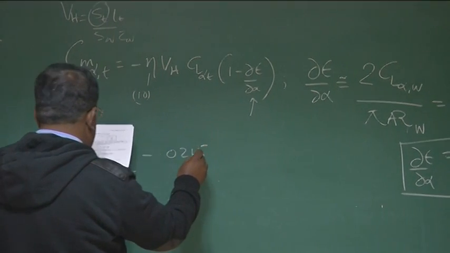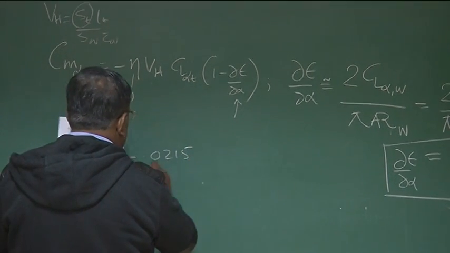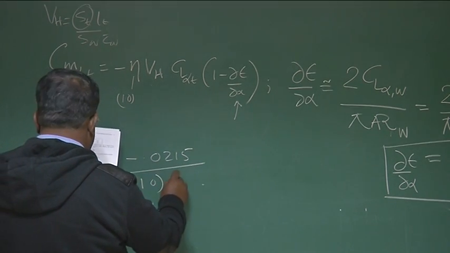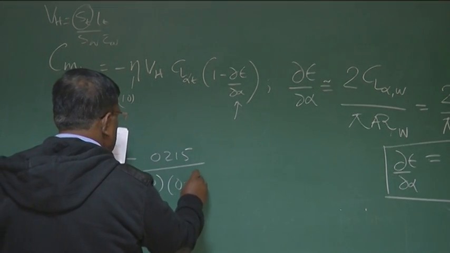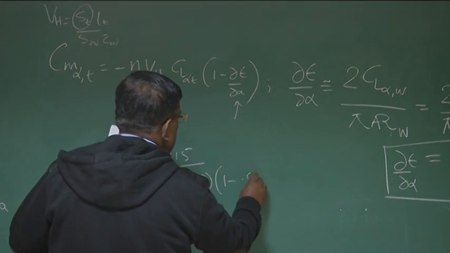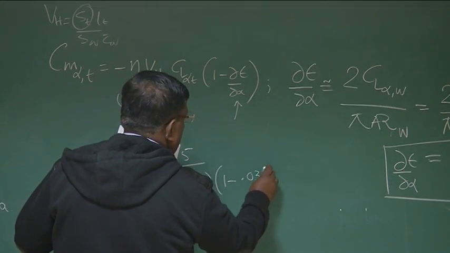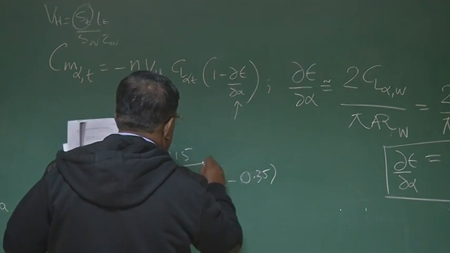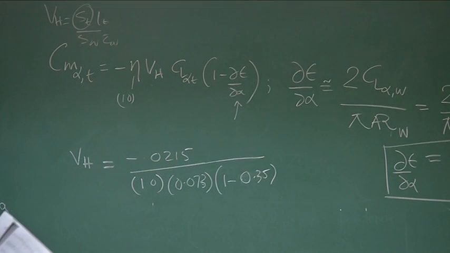Let me write this then so that I can explain it. Divided by 1, then 0.073 into 1 minus 0.35. Where from has this come? Let me again check.